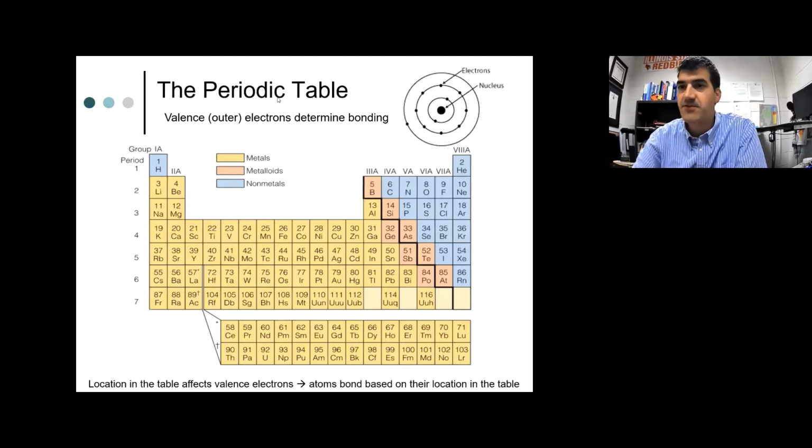All right, so this should look familiar. This is a periodic table, and we can generally divide the periodic table into sections. The materials on the left 2/3 that are in the yellowish goldish color, we call those metals. And the materials that are in the upper right corner in light blue here, we call those non-metals.